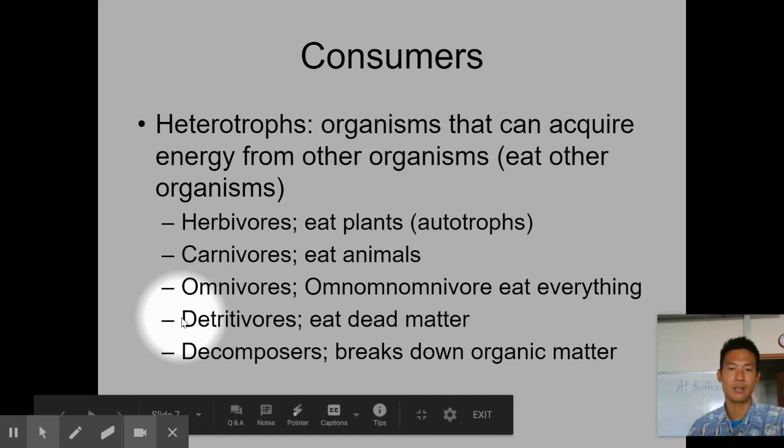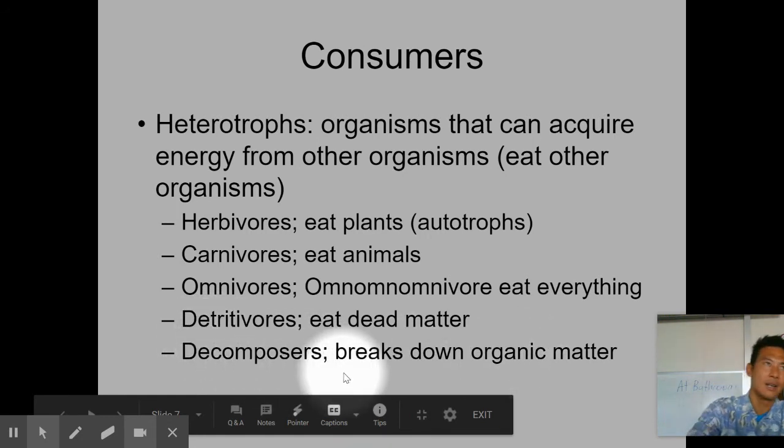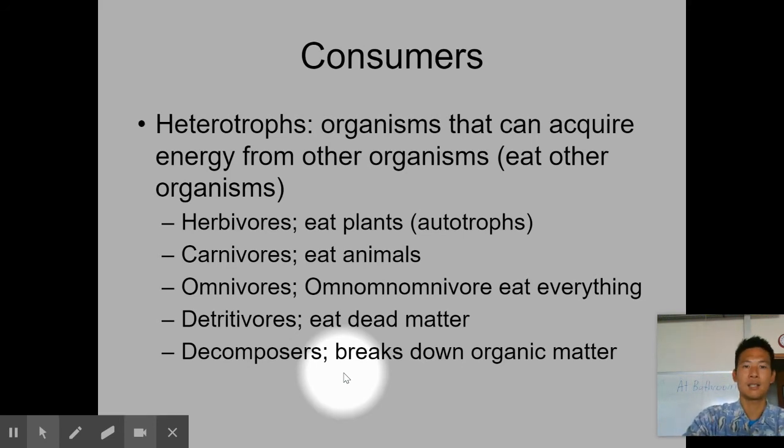Detritivores will eat dead matter, and then decomposers will actually break down any type of organic matter for energy. The difference between your detritivore and your decomposer is that decomposers can break down any type of organic matter, even something like paper.